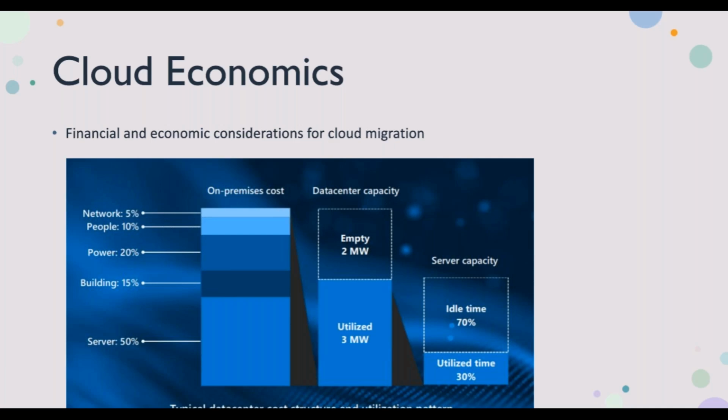Before doing any assessment, we need to find out what my current cost is, what the cost of my cloud will be, and what the capacity will be. It is a comparison between the cost you are incurring and the utilization of the cost. If you see the total cost, 50% of the cost goes to your servers, because it's basically a migration of a data center.